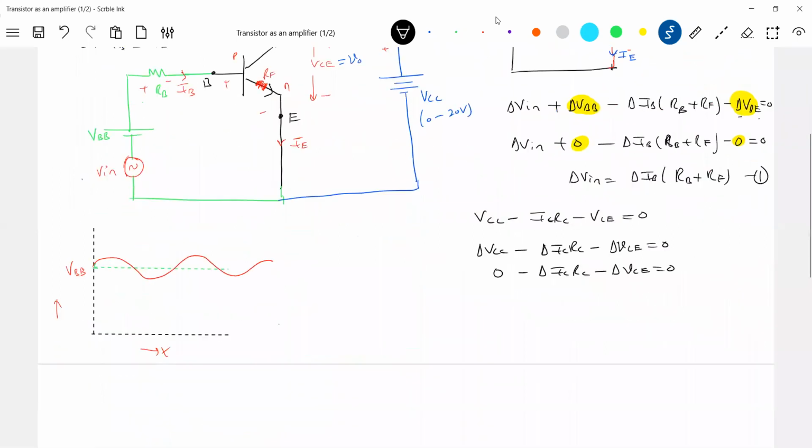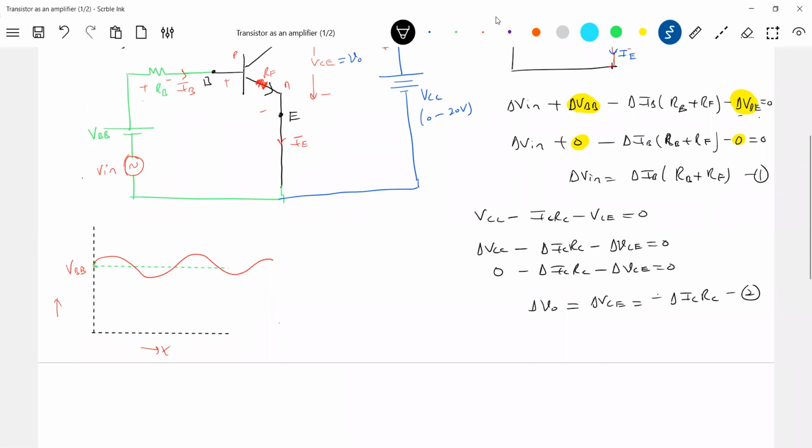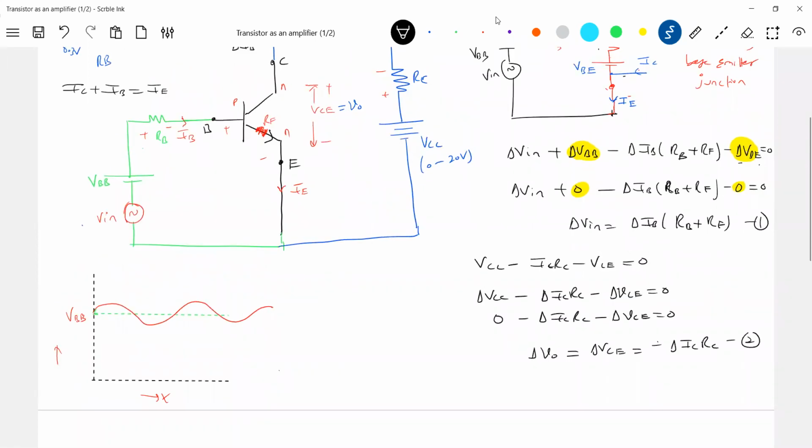So what is VC now? Delta VC is equal to minus delta ICRC. This is equation 2. This is the output voltage which we are going to collect, delta V naught, delta VC.